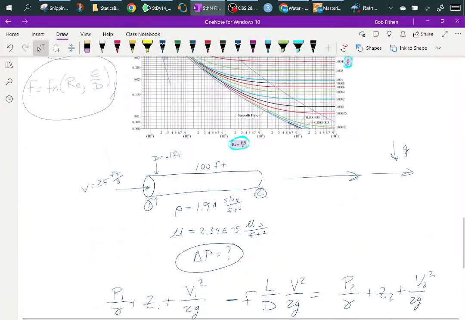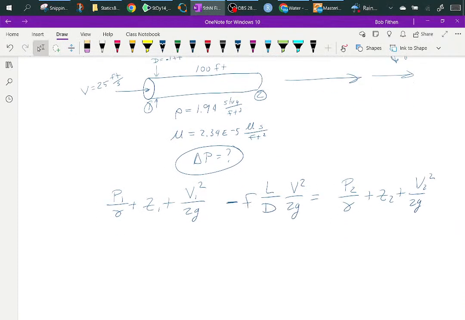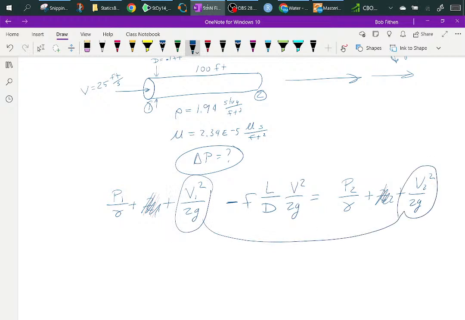So how do you find this? Well, first of all, the elevation will be the same, or we'll make it so the elevations are the same. Those are gone. The velocities, believe it or not, are equal. The pipe diameter didn't change. Those cancel. And so then you can take the pressure and move this pressure to this side.